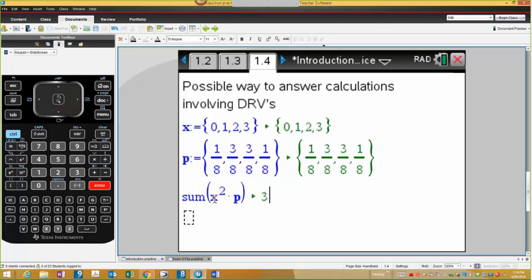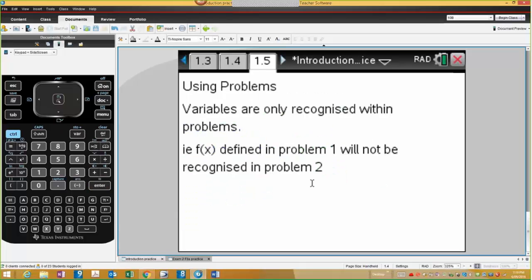One last thing I would like to talk about, in perhaps setting up our files for the exams at the end of the year, is using problems within a file. The important thing about doing that is that any variable that is defined in problem 1 stays in that problem.